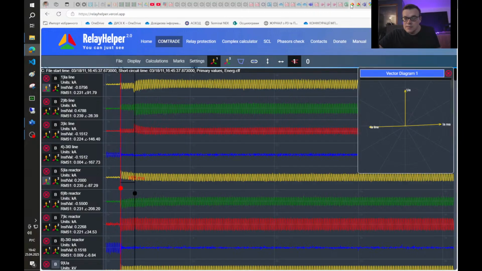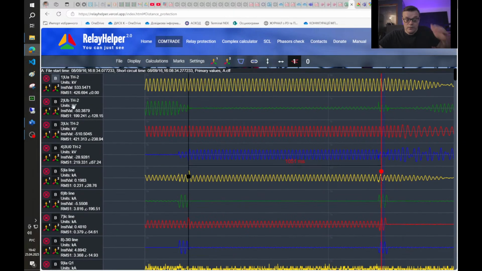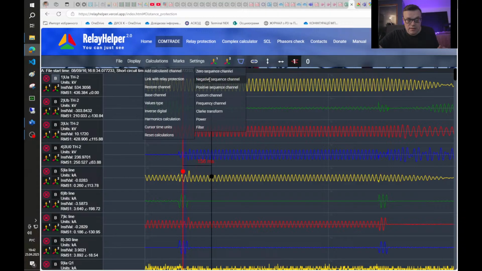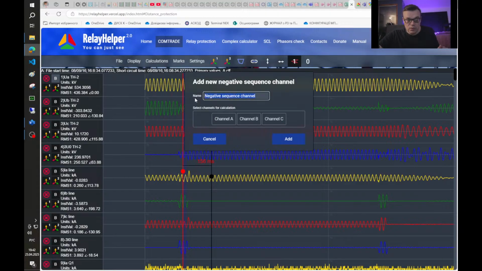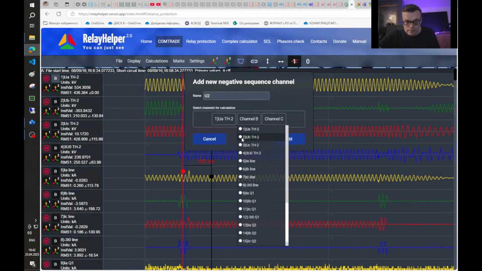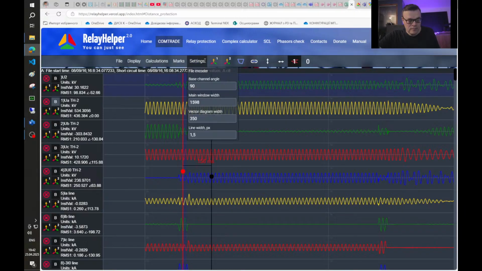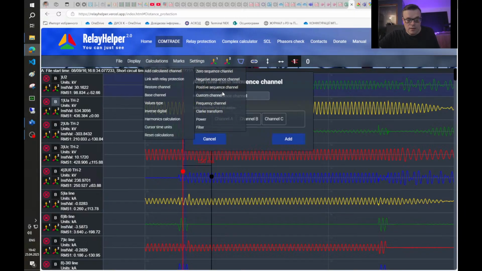So let's return to our case, and I want to prove that the main protection worked correctly. So I'll calculate negative sequence current and voltage. Let's start with voltage, and then current.